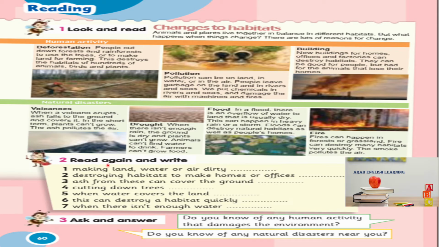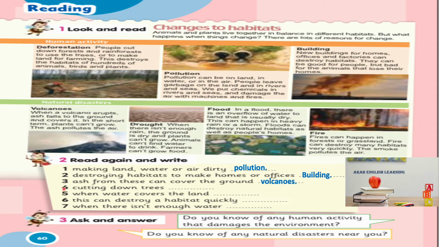Exercise 2. Read again and write. 1. Making land, water, or air dirty. This is called pollution. 2. Destroying habitats to make homes or offices. Building. 3. Ash from these can cover the ground.